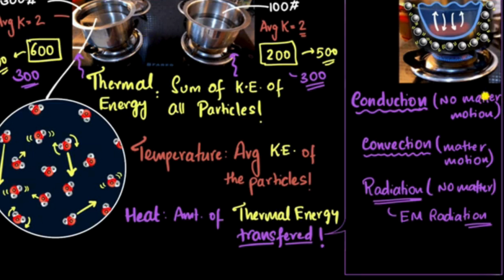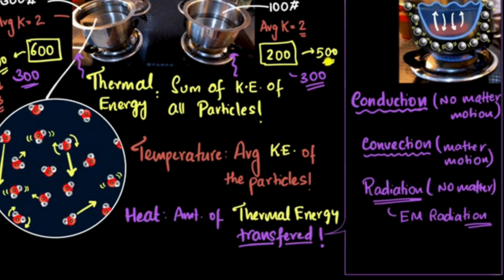Okay, remember for temperature, I need to think about average kinetic energy. Now this has 900 units of energy, but that's divided among 300 molecules, 300 particles. So if you average it out, 900 divided by 300, you get about 3. So the temperature has increased because the average kinetic energy has increased from 2 to 3, okay? Now let's look at over here.